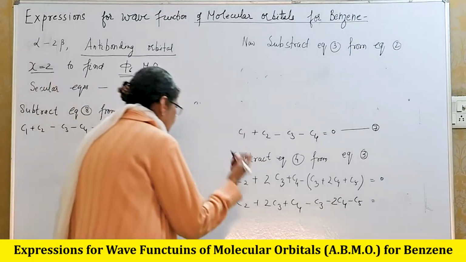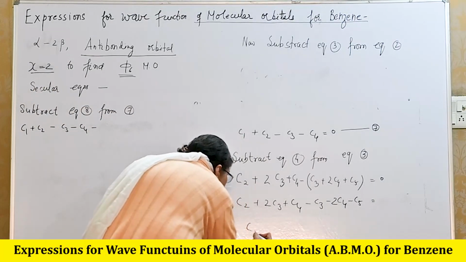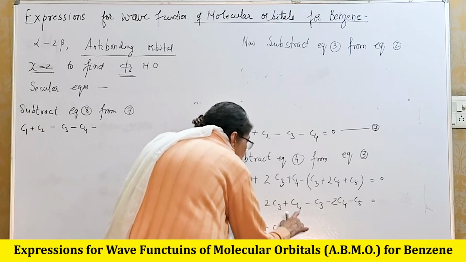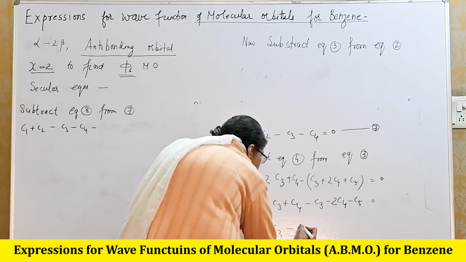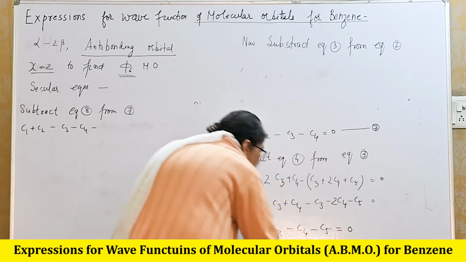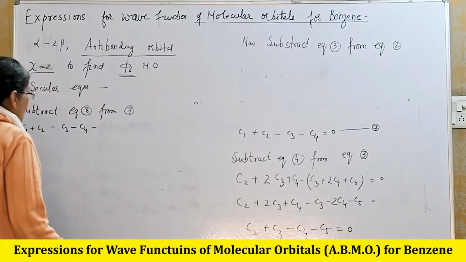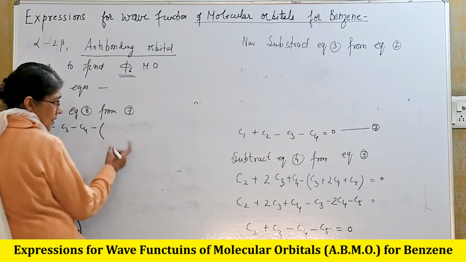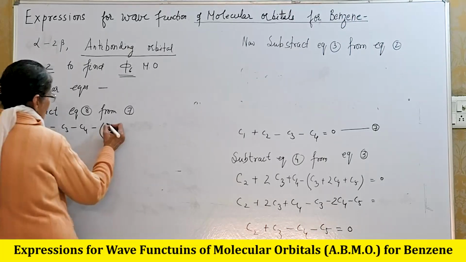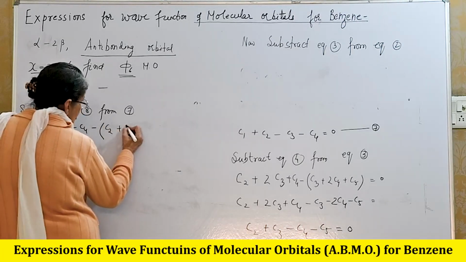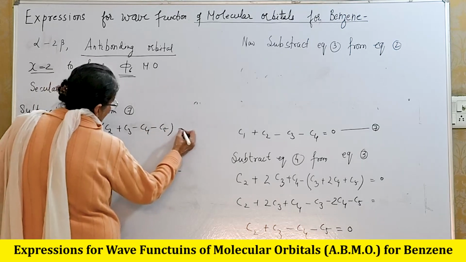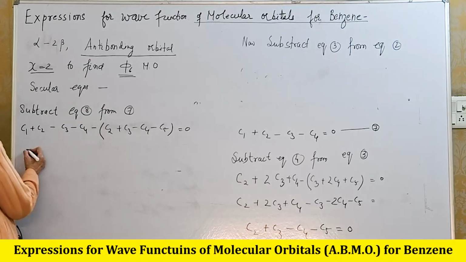C2, here we get C2, 2C3 minus C3 plus C3, C4 minus C4 minus C4 minus C5 is equal to 0. Then we write down C2, 2C3, C3, C3. So C2 plus C3 minus C4 minus C5 is equal to 0.